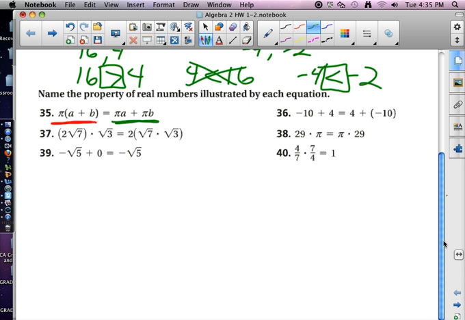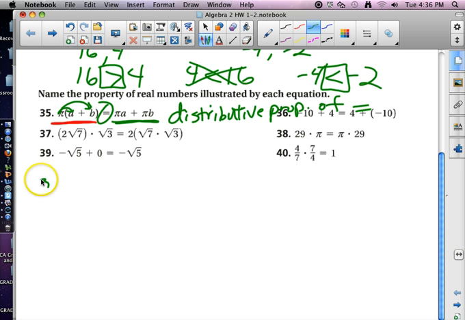Well, they multiplied pi times each of these terms to get that to happen. And when you multiply it twice through parentheses, that's called distribution. So this is the distributive property of equality, because we have an equal sign in here. So that would be the property of real numbers that's used for number 35.